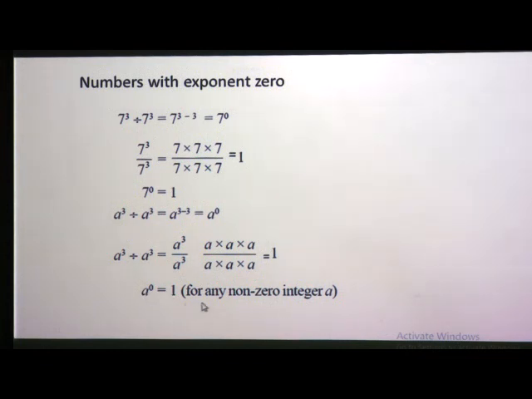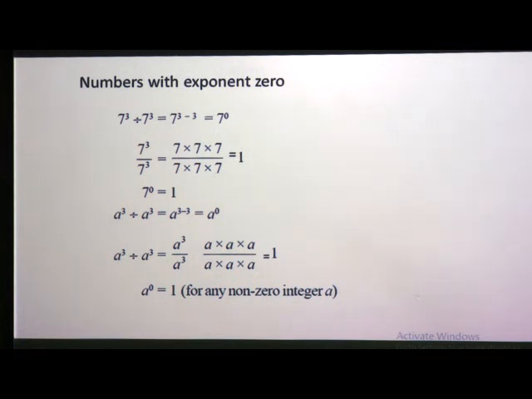Why is it mentioned so clearly? Because a may be a natural number, that is 1, 2, 3, 4, 5 and so on. It should not be 0, it is only considered as non-zero, that is, any numeral.